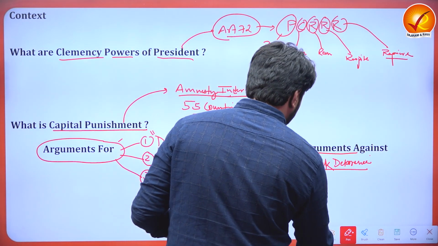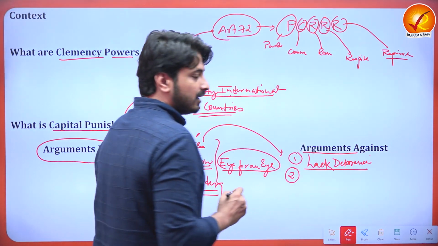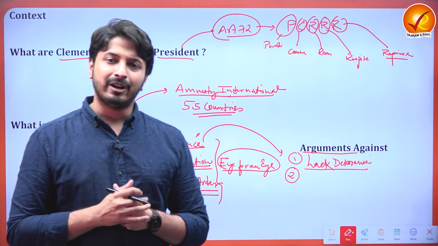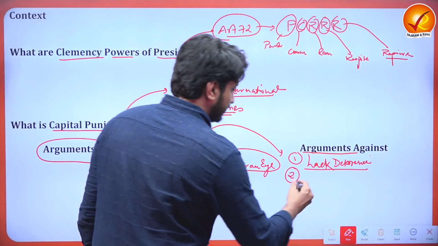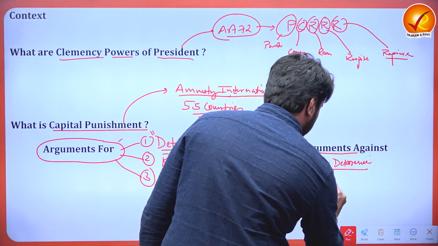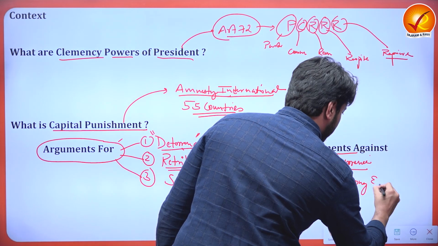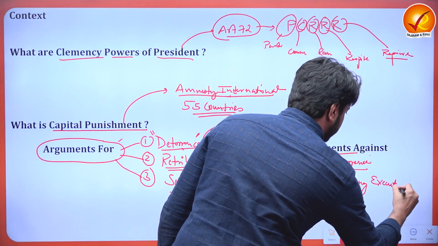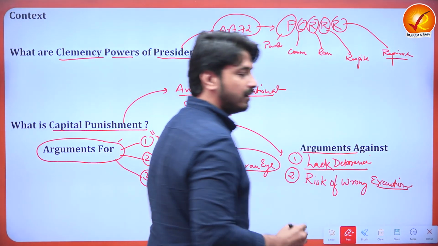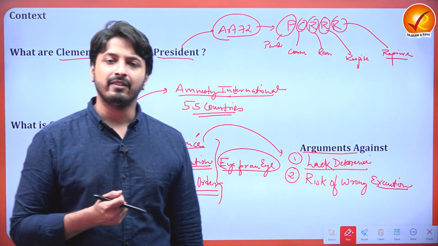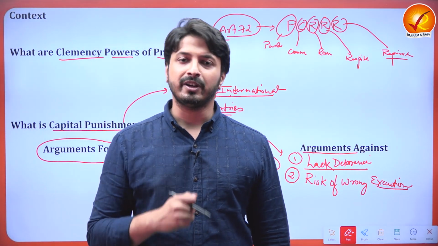The second important argument against the continuation of capital punishment is the risk of wrong execution. Ultimately it is the courts of our countries which decide whether a person will be given capital punishment or not.